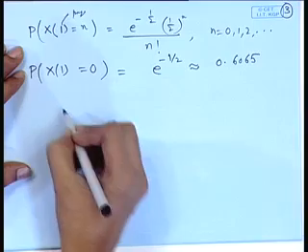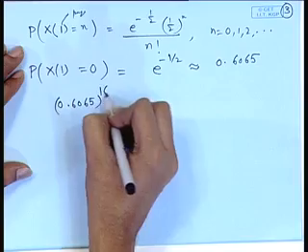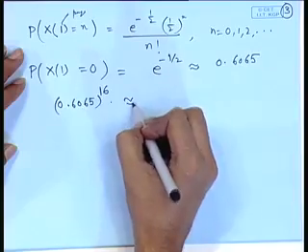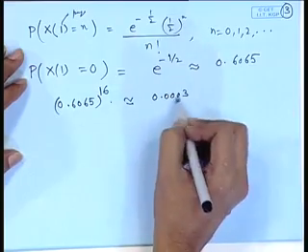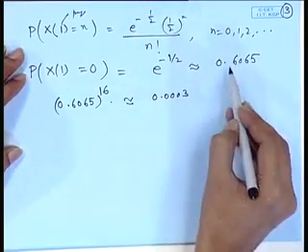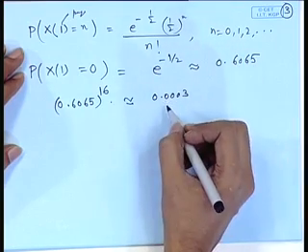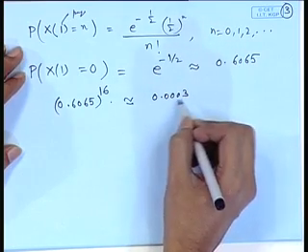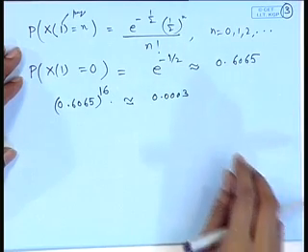So, a 16-page chapter having no errors can be considered as 0.6065 to the power 16, that is p to the power n, which is approximately 0.0003. This is quite small, which is obvious, since in one page the probability of no error is about 0.6. So, in a 16-page chapter, the probability that there will be no error is naturally going to be very, very small.